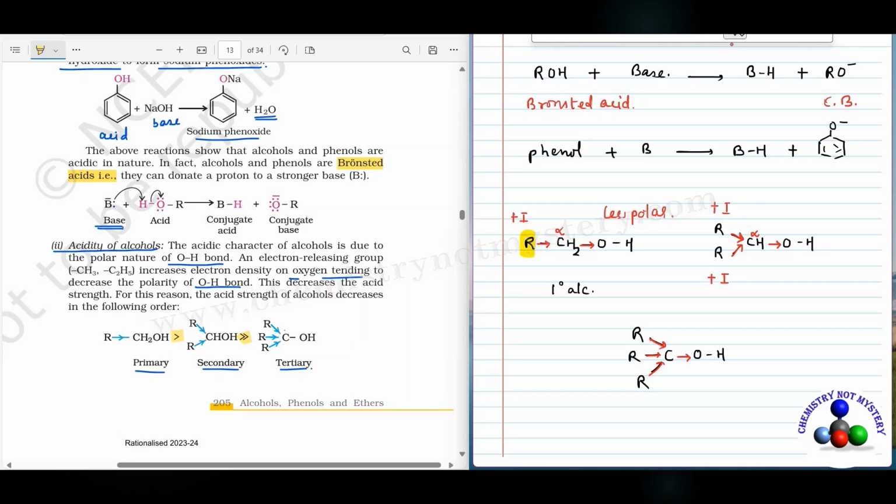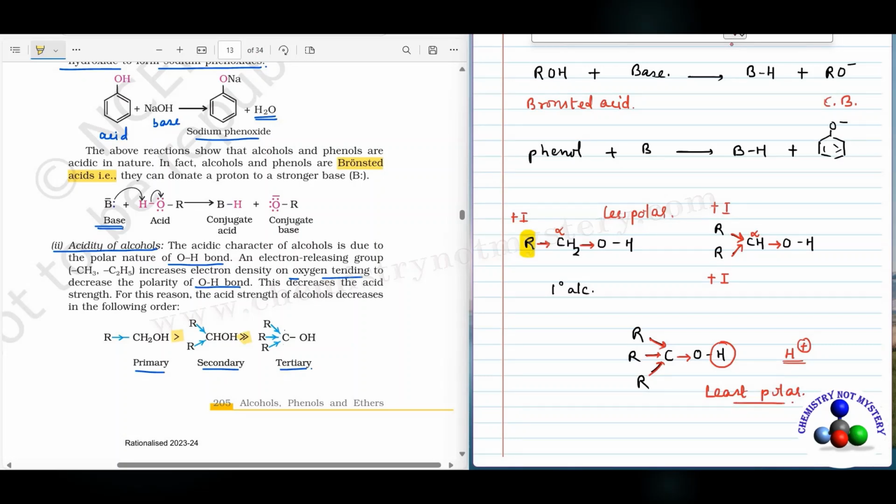So in the case of tertiary alcohol, there will be very little chance of removal of hydrogen in the form of H plus ion, because the bond between O and H becomes least polar.